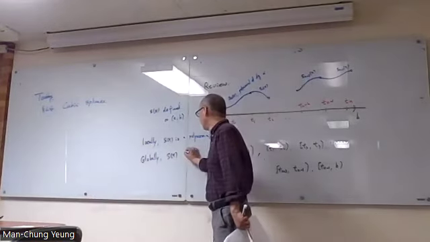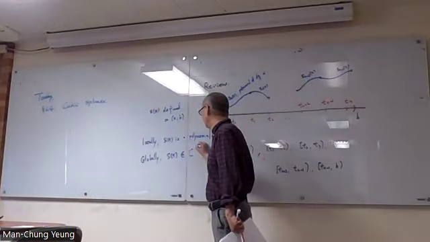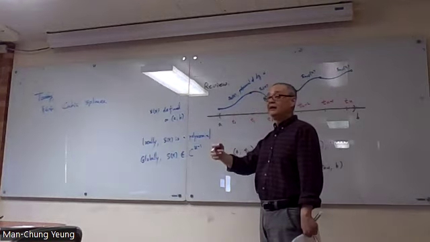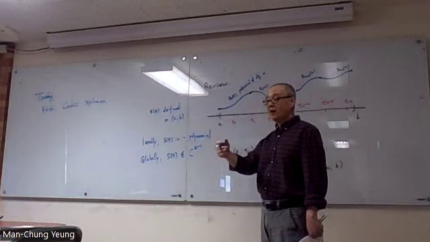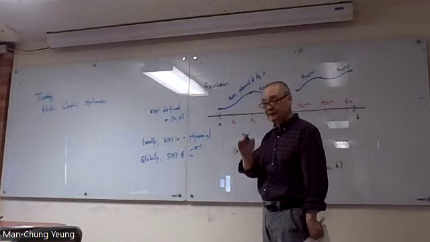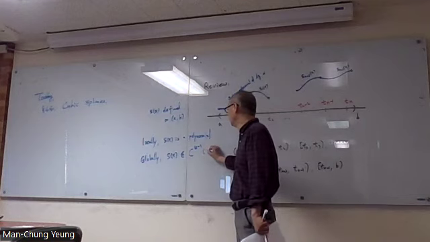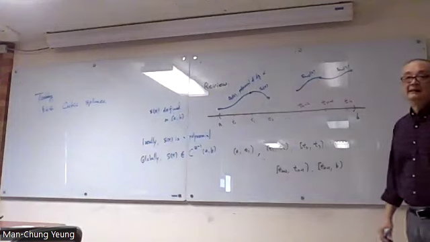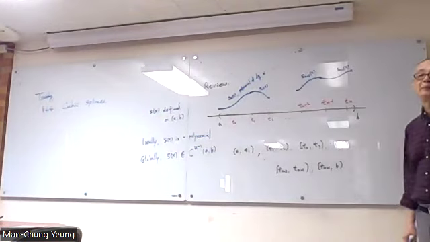It has derivatives up to order k minus 1, and each derivative is continuous on AB. This is a spline function.